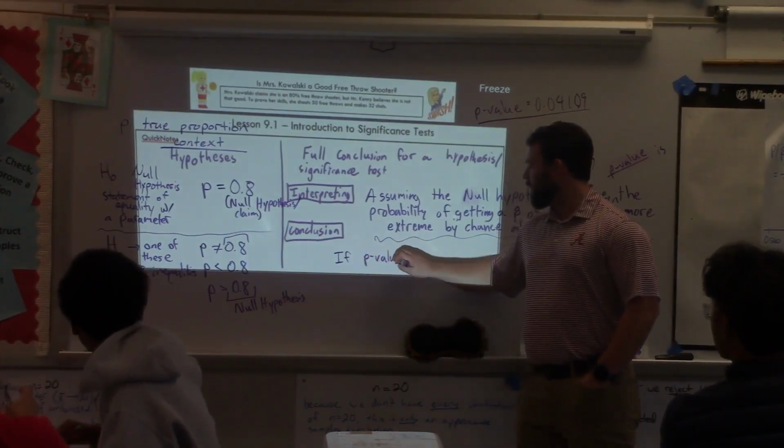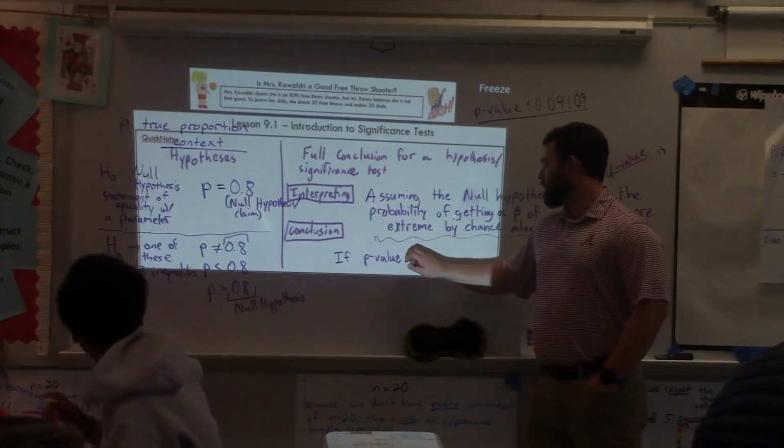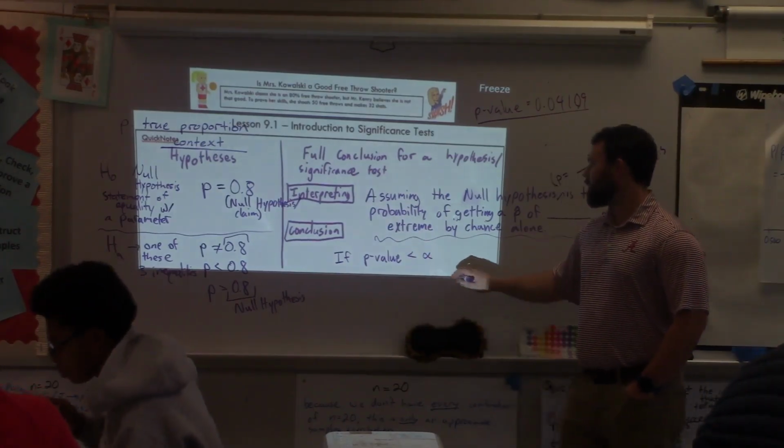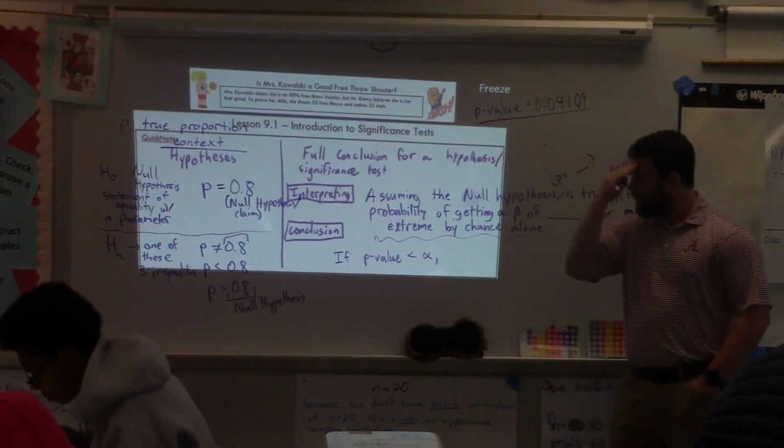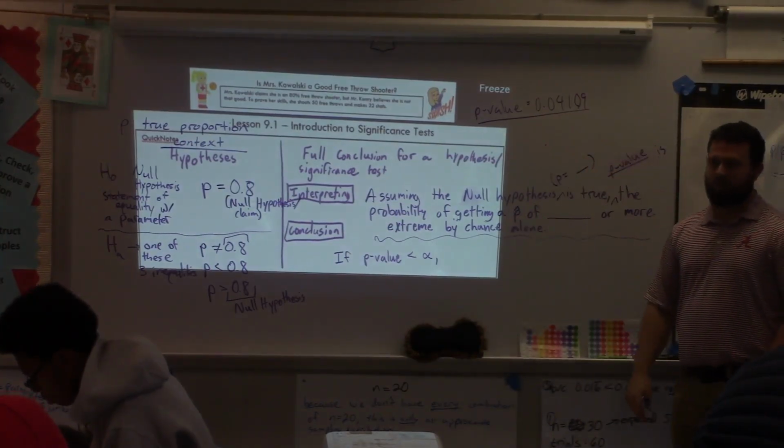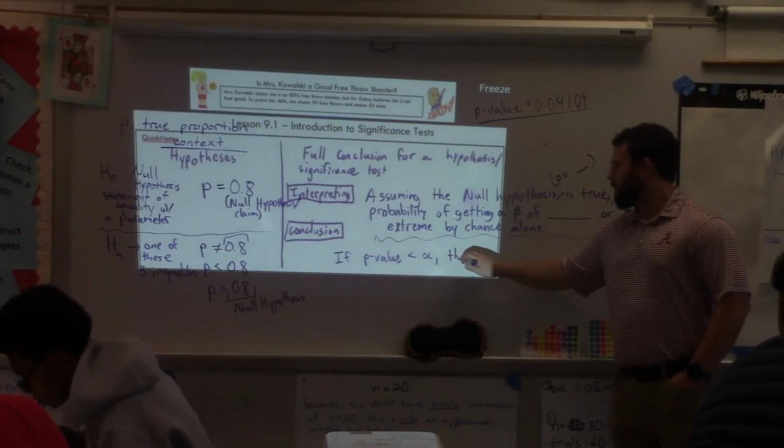So if my p-value is less than alpha, what do we conclude? There is enough evidence to reject the null hypothesis.